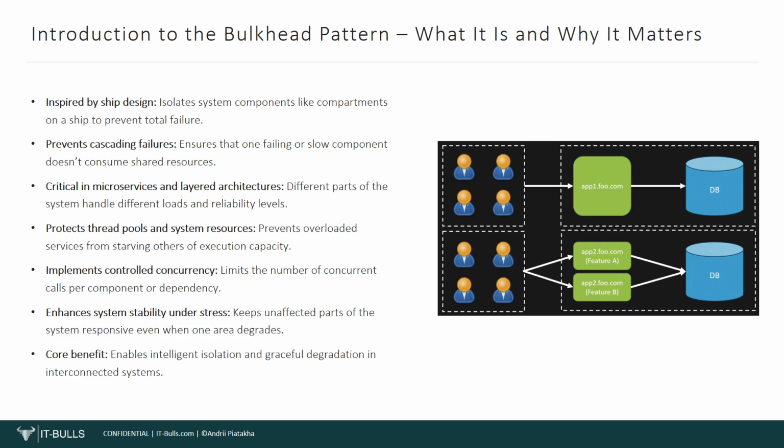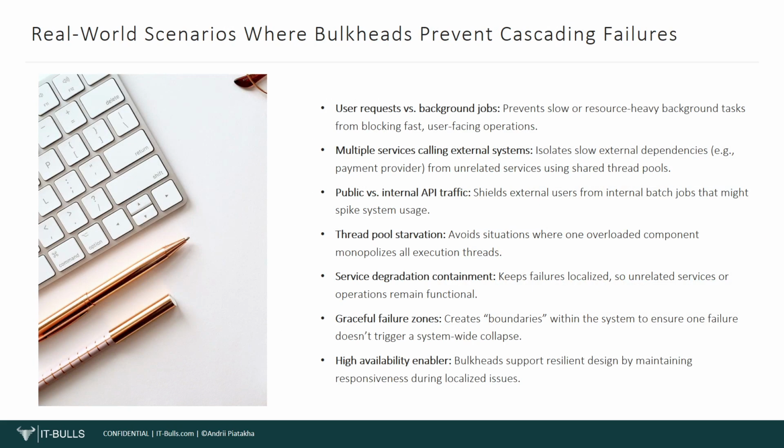So, in a world where services are interconnected and failure in one place can ripple outward in unpredictable ways, the bulkhead pattern provides a strong line of defense. It's not just about resilience, it's about intelligent isolation, controlled resource sharing, and ultimately building systems that remain usable even under partial failure.